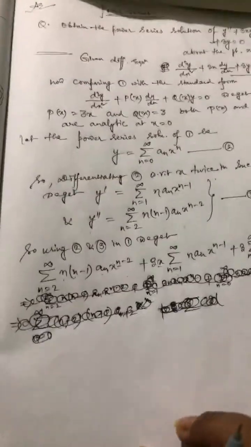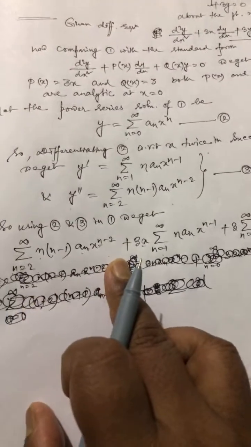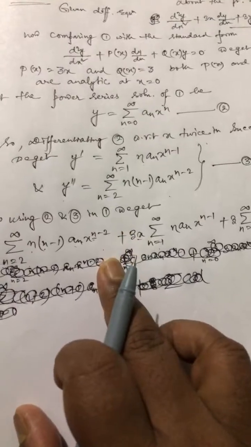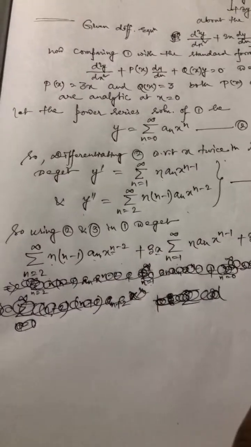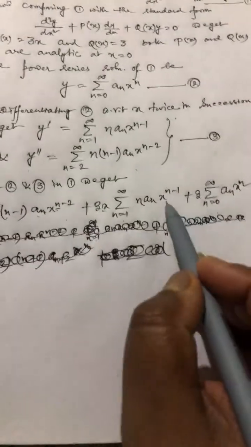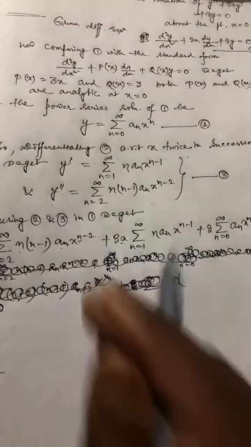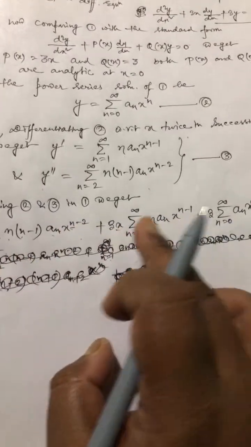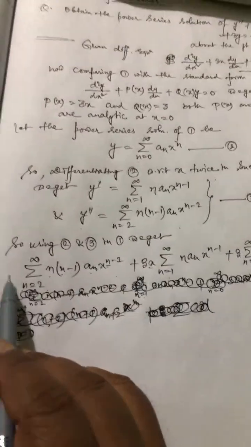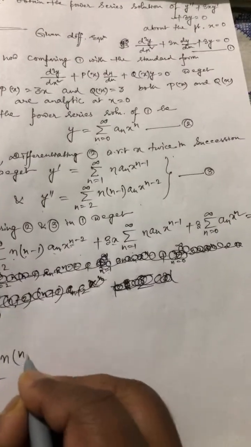Now first you can modify this summation as well as the powers of x. So first let us adjust the powers of x. How to adjust the powers of x? It's very simple. Here you can see no modification is required for this particular term, because there is no additional term in front of this expression, so keep this one intact.